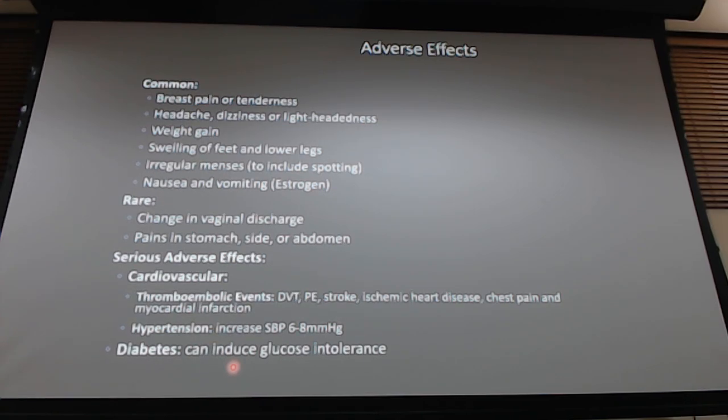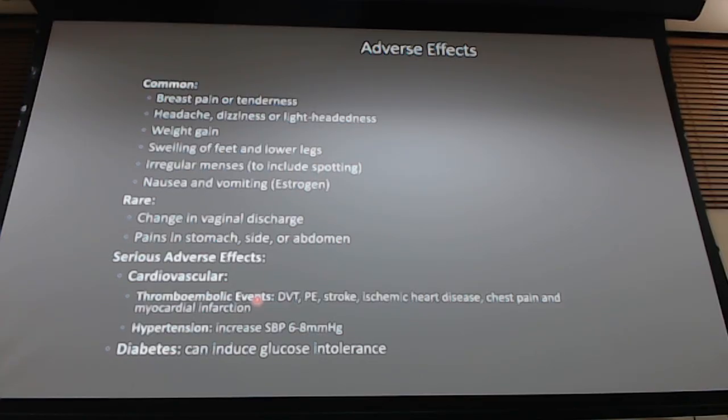Adverse effects that we have, breast pain, tenderness, these are the same things that we talked about before. With any of our contraceptives, if they're dealing with hormones, your copper contraceptive is the only one where you're not going to really see these same exact side effects. Nausea, vomiting, these are just a recap of the big things that we talked about. Remember your black box warning with your CV events and their increase if someone is smoking on top of that.